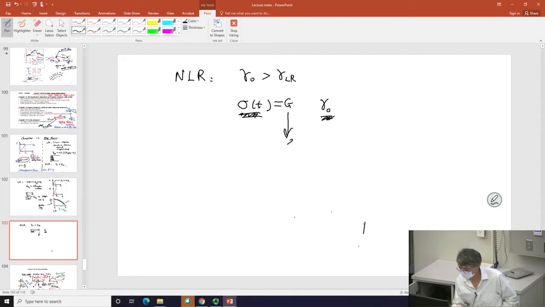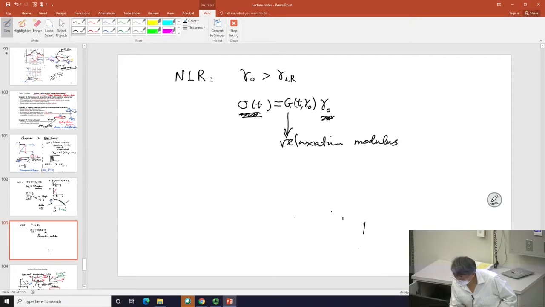So this relaxation modulus remains to be called relaxation modulus. You may not call it equilibrium relaxation modulus anymore, but it's a relaxation modulus. Now, nonlinear means that it acquires dependence on the amplitude.